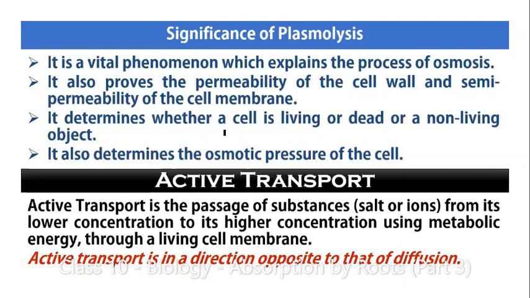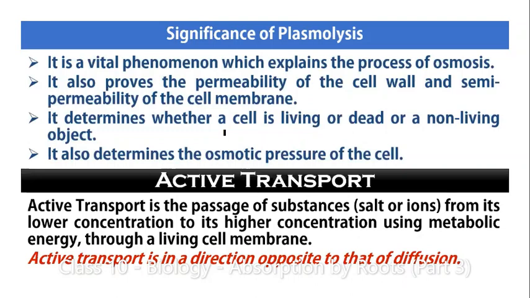So it is a direction which is generally opposite to the process of diffusion. Diffusion takes place from higher to lower, and here it is taking place from lower concentration to higher concentration.